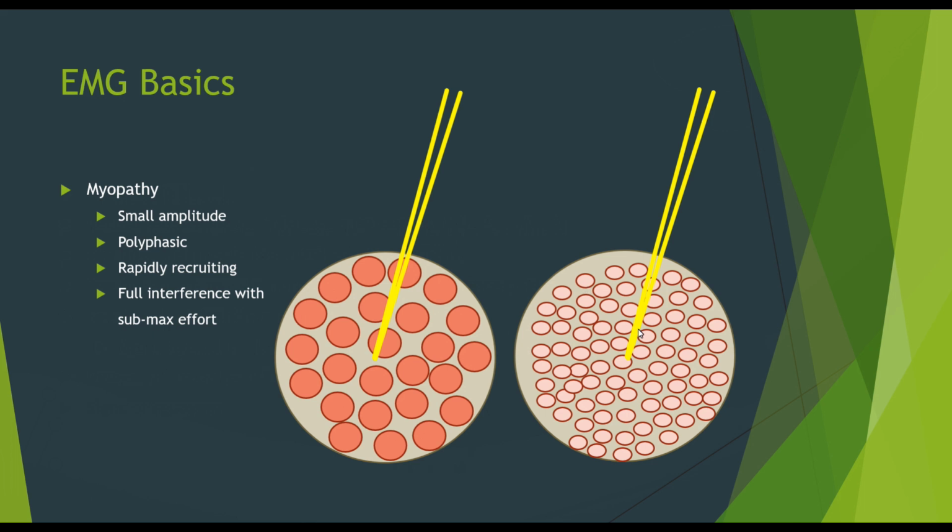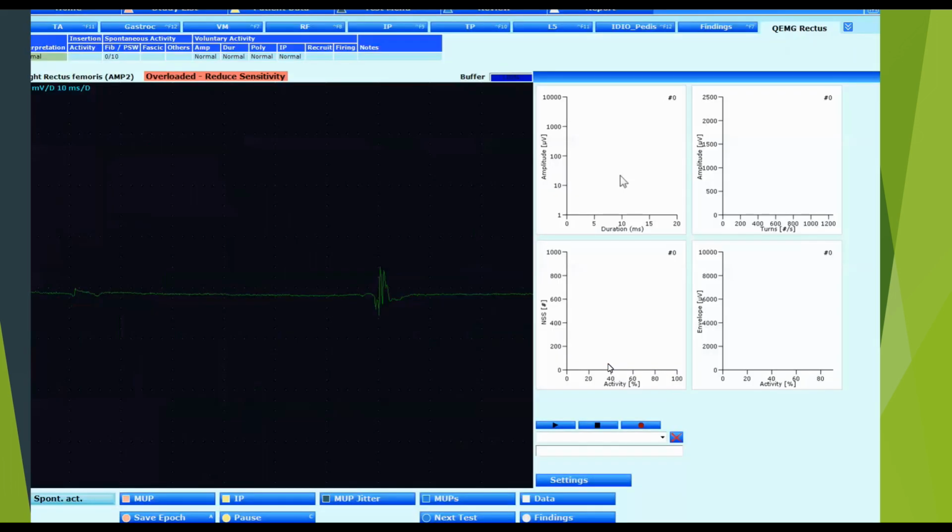Because you've got lots of them now clustering around the needle itself, they will become polyphasic. Also, because they're not able to generate force very well, as they're small and very sick, the brain will recruit more of those to join in and generate force, and therefore they'll be rapidly recruiting, and so one ends up having a full interference pattern with submaximal effort. And let me just show you over here.